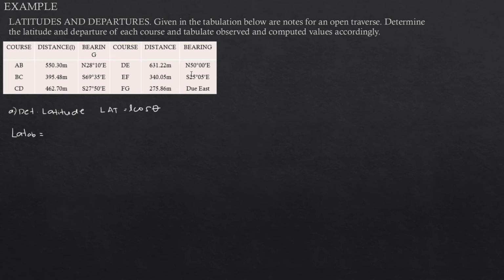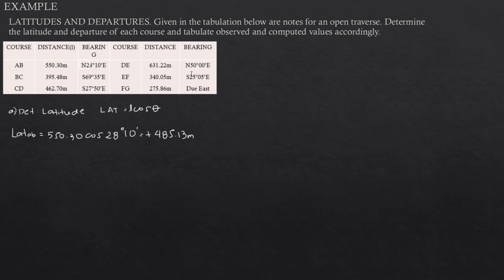Okay, so meron tayong given naman na distance, given din yung bearing natin. Okay, so meron tayong 550.30 times cos theta natin is yung bearing. So, meron tayong cos 28 degrees 10 minutes is equal to, since nandun siya sa latitude natin, vertical, north or south. So, kung nasa north tayo, so ibig sabihin positive to.